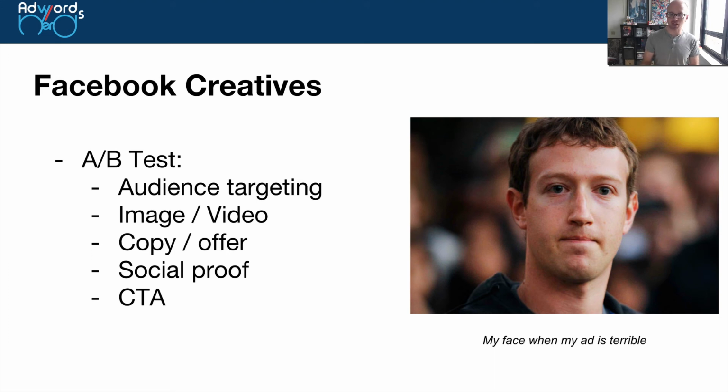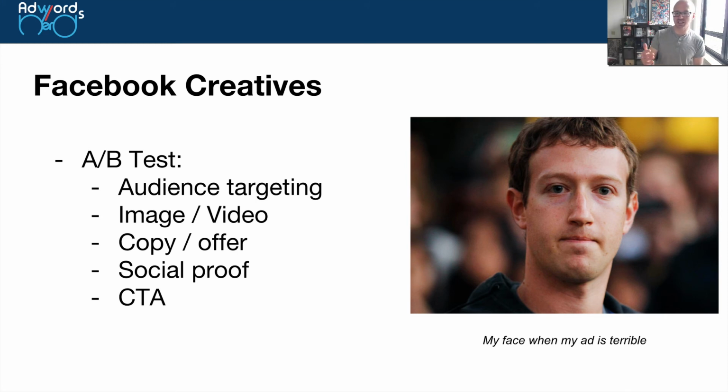And there's a couple different major ones that I would test in any given Facebook campaign. Your audience targeting is usually where you start. If you're having trouble getting a good click-through rate, it could be that your audience is not on point. If the audience is not well targeted to what you're offering, no matter how good the ad is, you're not going to get the relevancy that you want. You're not going to get the performance that you want.